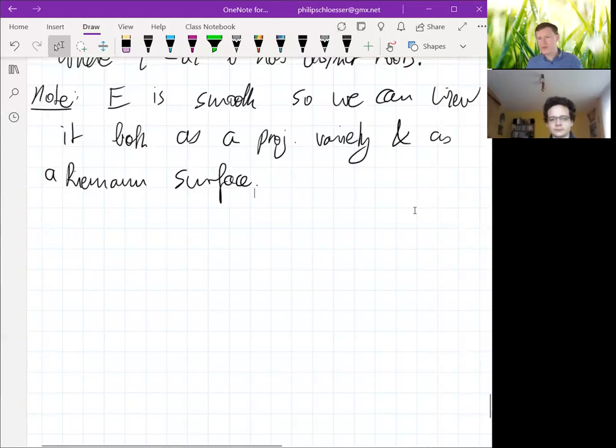Now, one of the reasons why people are interested in elliptic curves is because they turn out to be what's called abelian varieties. So they are varieties that are also abelian groups, abelian algebraic groups.